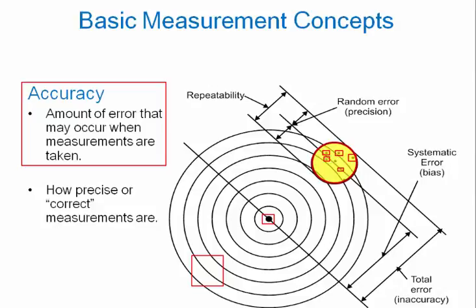And this concept illustrates that there's a total error, but within that total error there are things like systemic error, or bias, as we sometimes call it. Sometimes it's also called offset. And then there is what we call random error. Another word for that is precision.